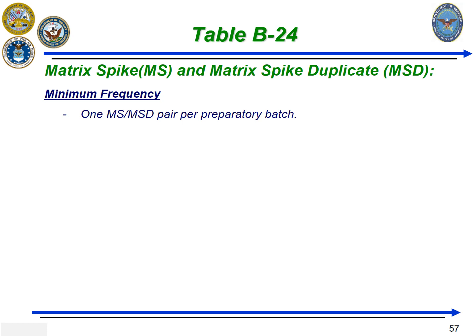A lot of people are like, why is this needed? You use isotope dilution, but you're not using isotope dilution quantitation for all of your analytes. You're only using it for 24 of those analytes. We do not have analogs for all of the method analytes. So we decided we're going to require an MS-MSD pair for each preparation batch.